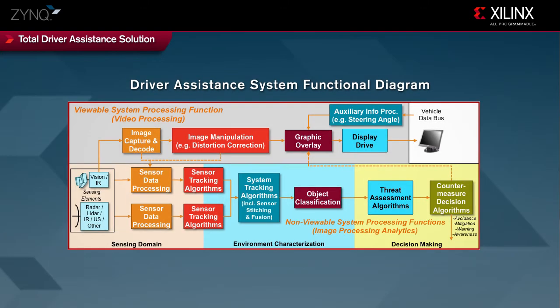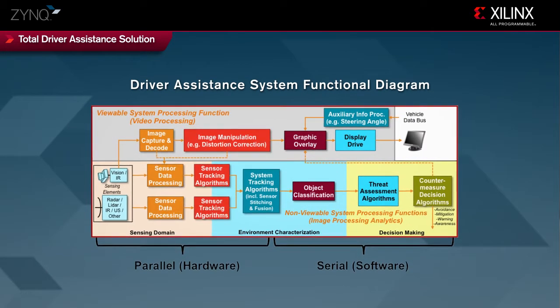An optimal solution to these complex DA functions usually requires some combination of customized parallel hardware to process high bandwidth sensor data and software running serially on a processor to characterize the environment and make appropriate decisions regarding driver warnings or vehicle control.